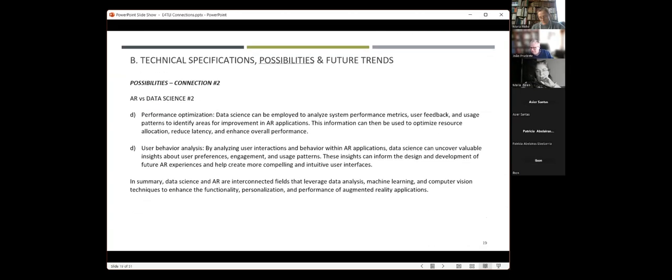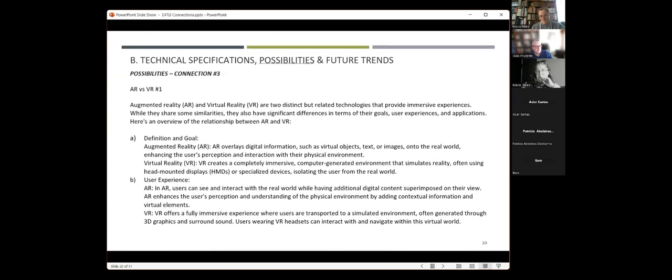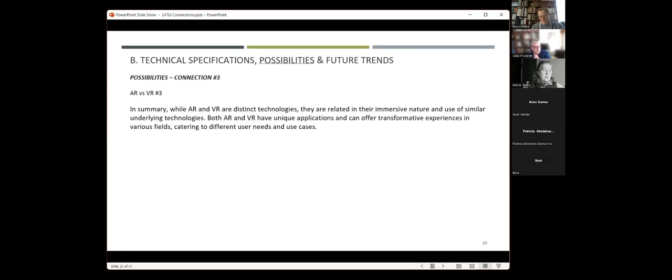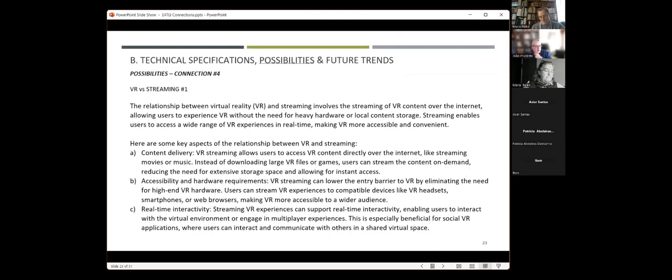I will not go into full detail because we don't have lots of time. We also covered already the relationship between AR and VR, so I don't think it's really important.